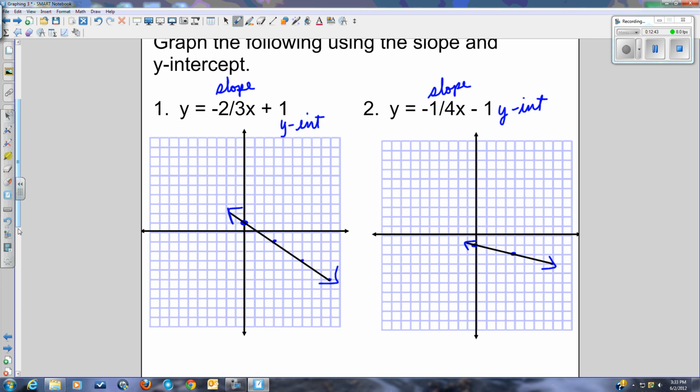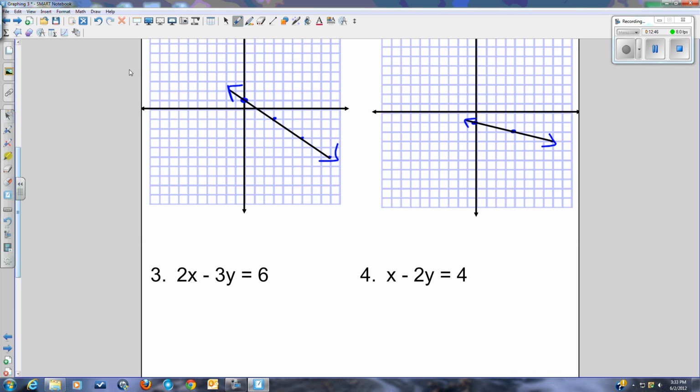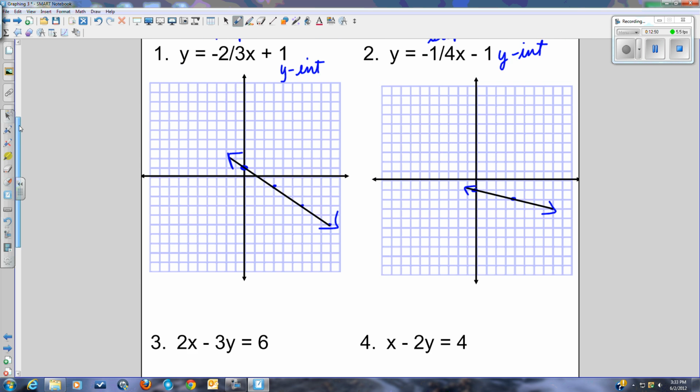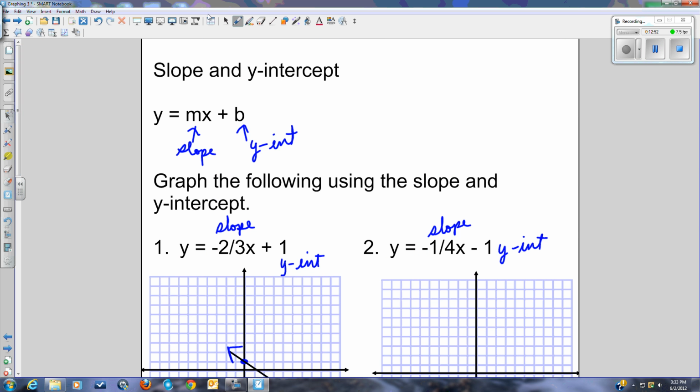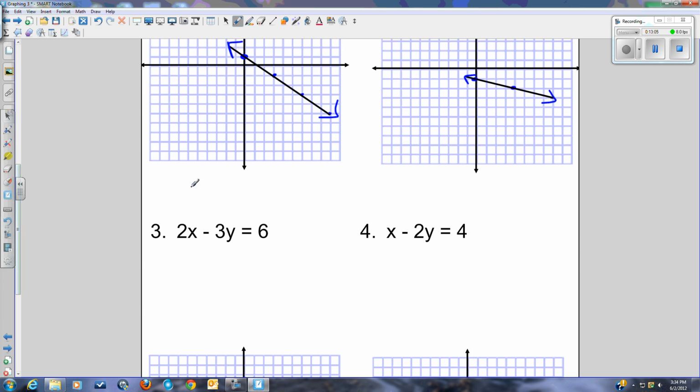The next problem, your line is not in slope-intercept form, in y equals mx plus b form. That's what we call slope-intercept. So we do want to get it into that form of y equals mx plus b.